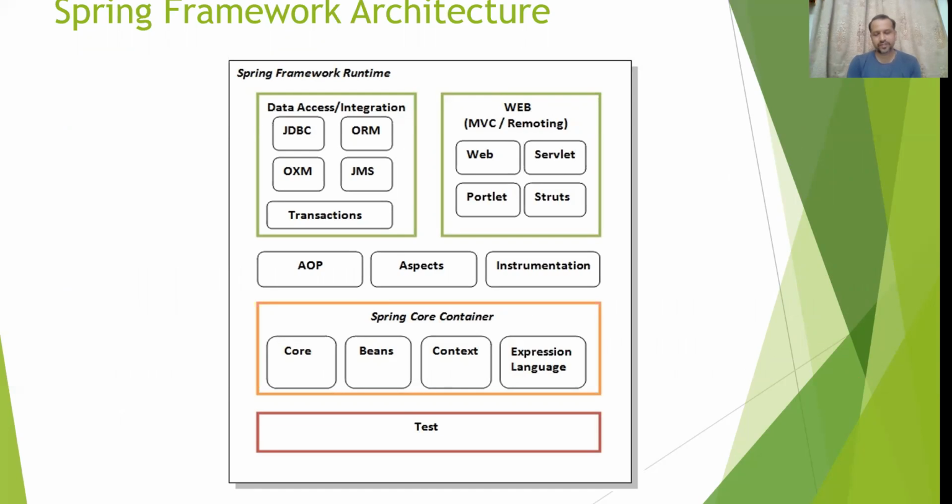Whenever you are going to work with a web application, there are other modules: web, servlet, portlet, and struts. With the help of this, you can work with AOP, aspects, and instrumentation. And another one is the Spring Core container, which contains core, beans, context, expression language, and test.